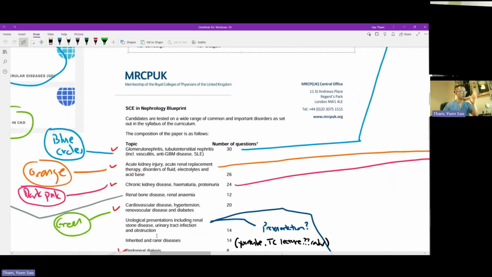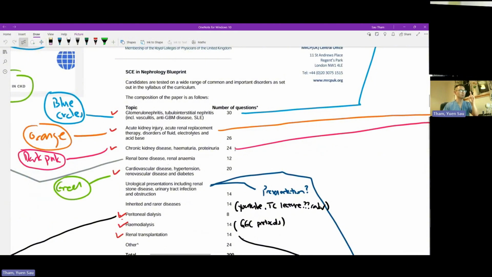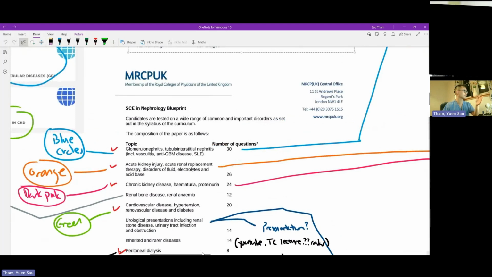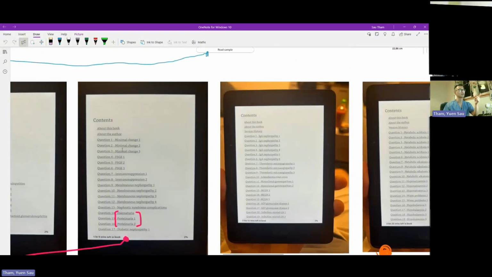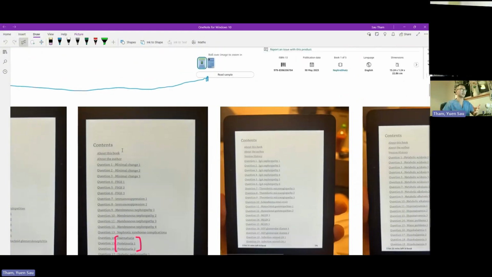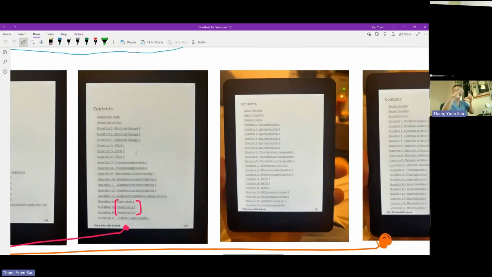Cool. So when it comes to the bulk, we're talking about how many questions is this? So 80 out of 200 questions. So almost half of the questions. If you read the Nephro Shots books, and these are quite high yield, so it's not like a thick textbook. It's actually quite thin. I got mine in Kindle form, so I don't know physically how big it is, but it's all very small print, Kindle size.